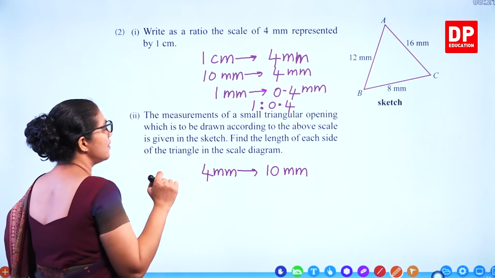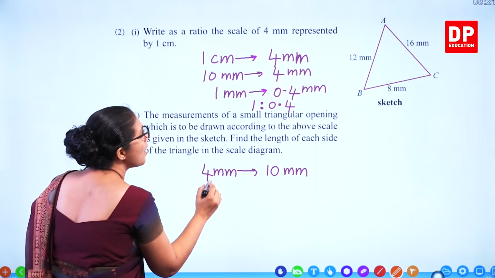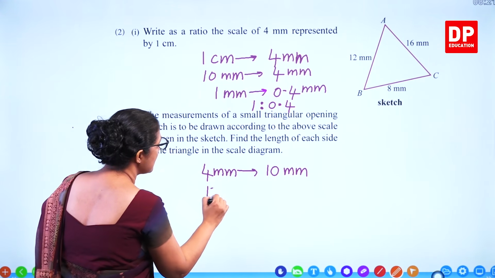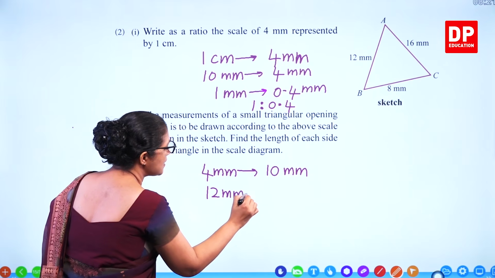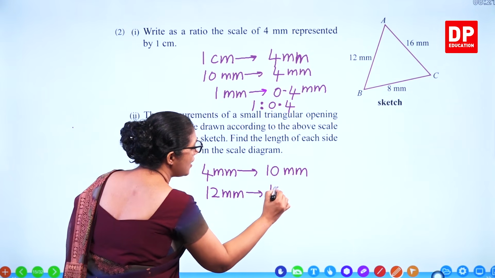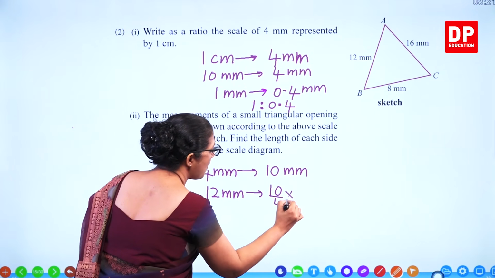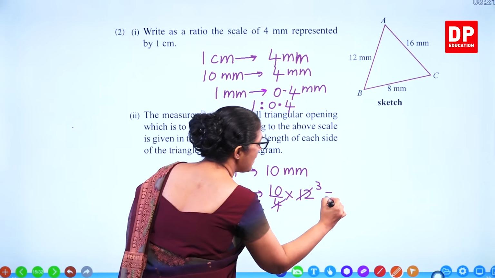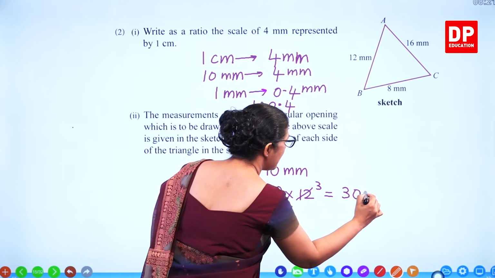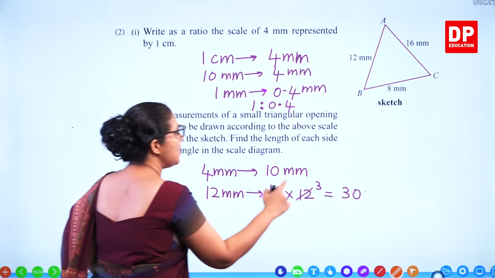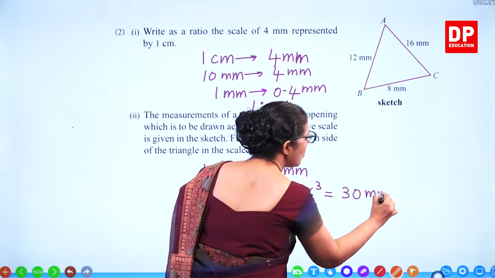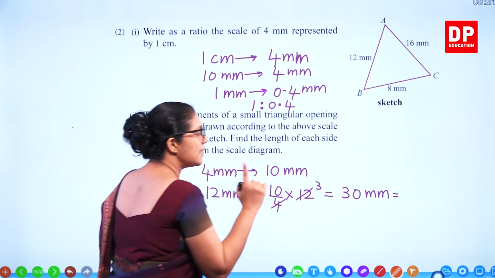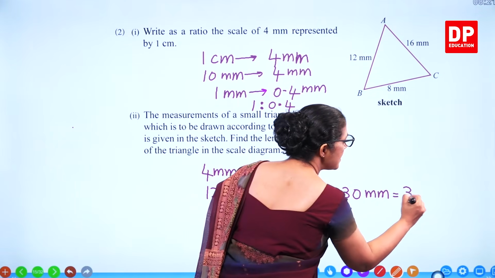So what about 12 millimeters? You divide by 4 and multiply by 12. So 10 times 3, that means 30 millimeters. Or you can divide by 10 and write 3 centimeters.